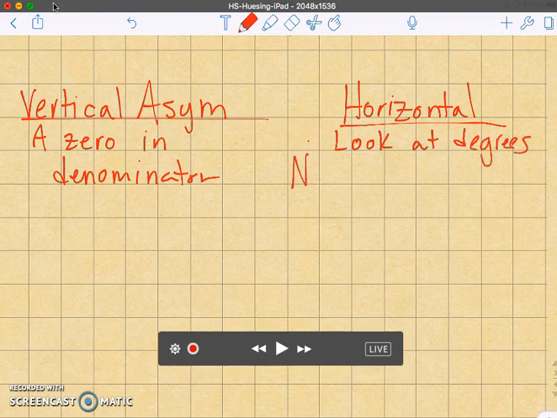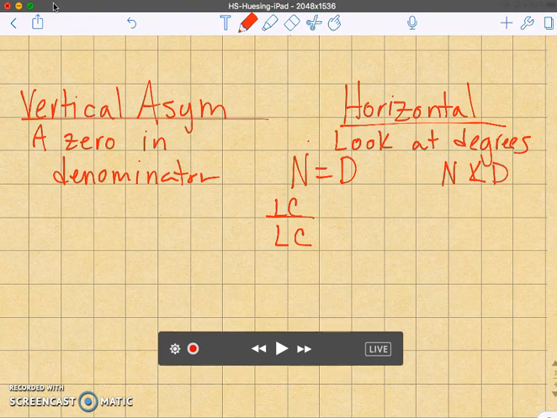When the numerator equals the denominator in degree, it's the leading coefficient over the leading coefficient. When the numerator is less than the denominator by 1, then it's automatically at y equals 0.